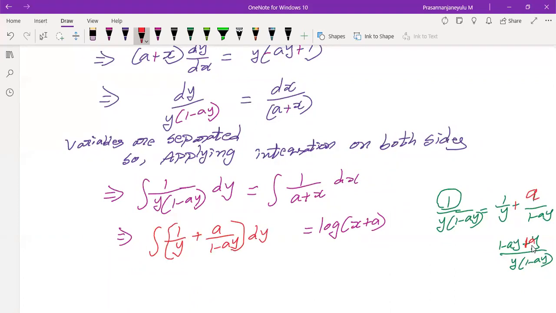Yes. Now tell me, what is the integration of 1 by y into dy? Minus 1 by y square? No. That is differentiation. It is log y, the first term, plus a into the integration of 1 by 1 minus ay into dy.